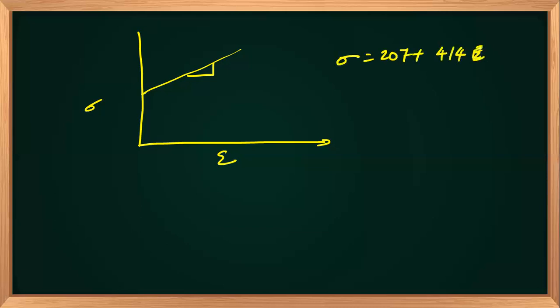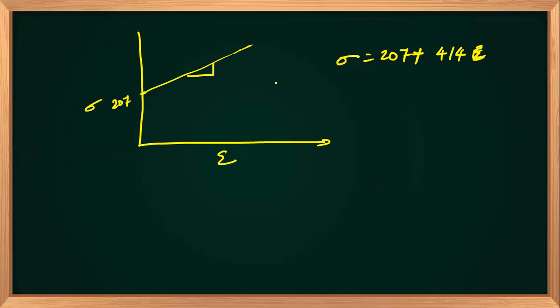If you practice engineering services questions, one of the questions was like this. So it's a linear relationship. What will be the y-intercept when epsilon equals 0? It will be 207. That's what we get here, 207, and this will be like this. So what will be the maximum sigma which is happening?